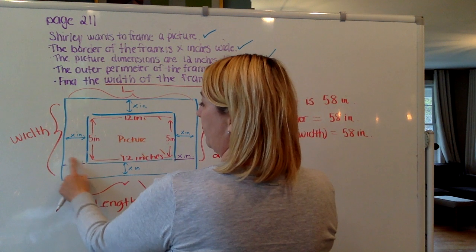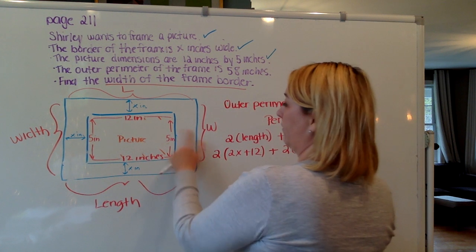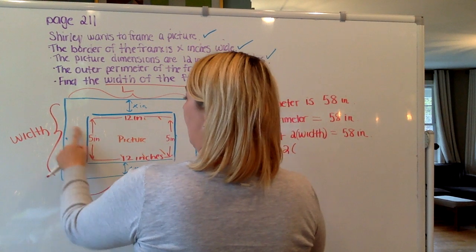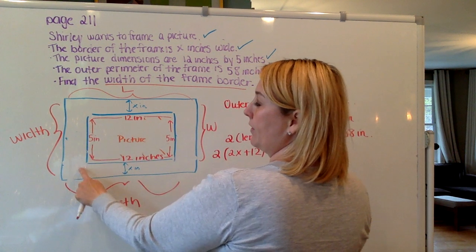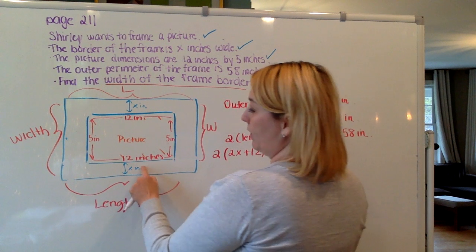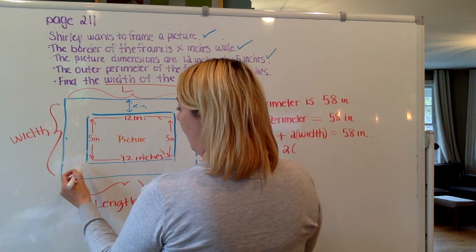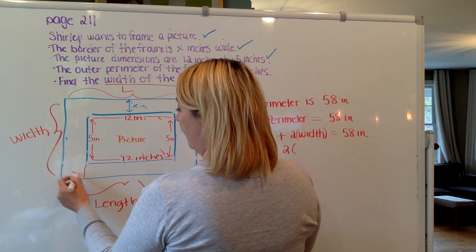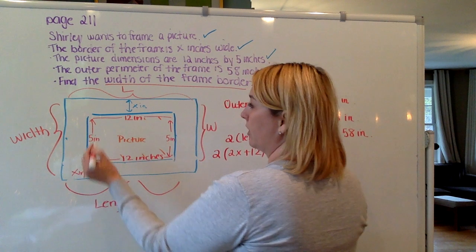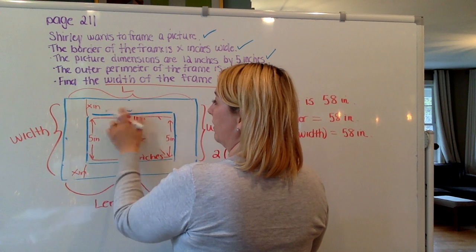So I'll erase this for now. Make it a little less confusing for you. And we know that we have 5 inches, right, for this width of the picture. And then as I've written here, we know that we have a length of X inches here and a length of X inches here.